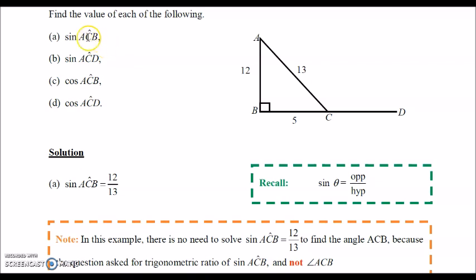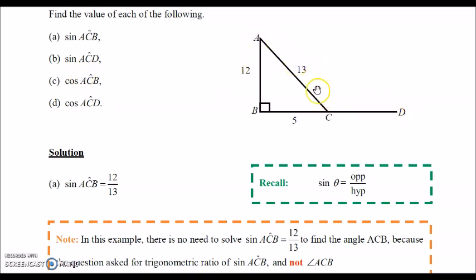I emphasize we need not solve for angle ACB because that is not required in this question. We just need to find the trigo ratio of sine angle ACB, which will be left as a fraction. With that, let's proceed to part B to find the value of sine angle ACD.